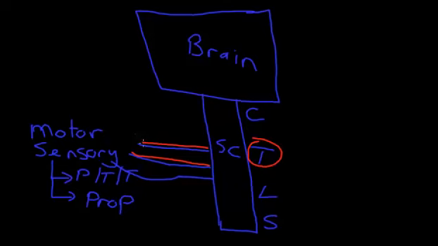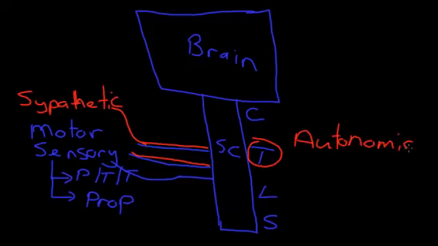And that autonomic component is the sympathetic part of the autonomic nervous system. Now do remember that this only happens in the thoracic region and only applies to the sympathetic component of the autonomic nervous system. So spinal nerves are regularly distributed up the spinal cord.